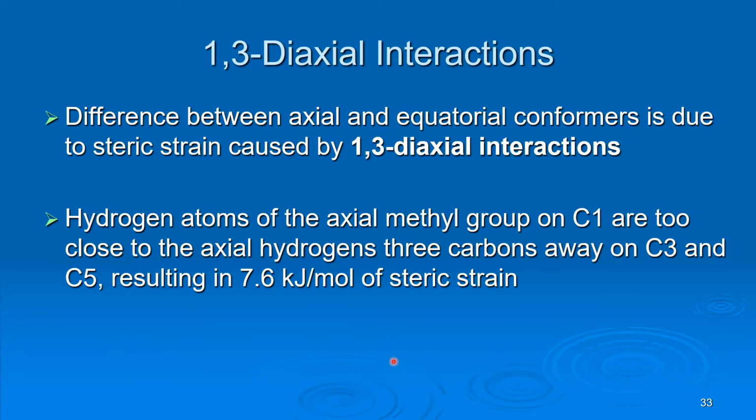So I was saying that if something is in the axial position, it's at a higher energy, which is less stable. The reason why is something called 1,3 diaxial interactions. And what that means is when you've got these axial carbons, let me see if I can draw it here.